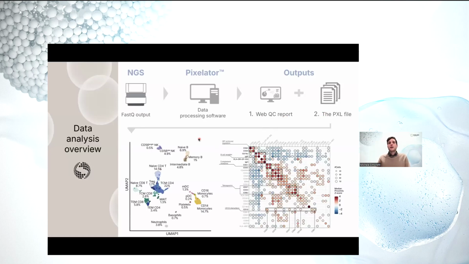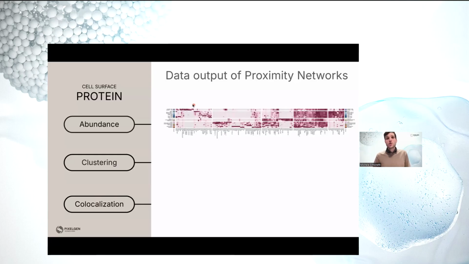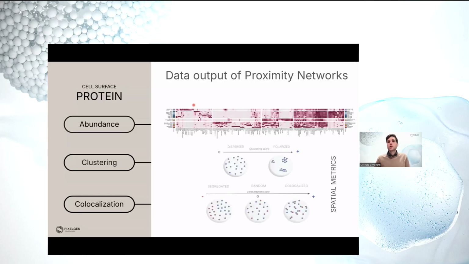So the pixel file is what you will be needing for performing the analysis, as you can see here, with some plots that we will see now in the next part of the presentation. And what are the different data outputs that you will be getting? First, as with other technologies, you will be able to look at the abundance. But then you will also be able to look at spatial metrics like clustering of one protein, and also colocalization of pairs of proteins.